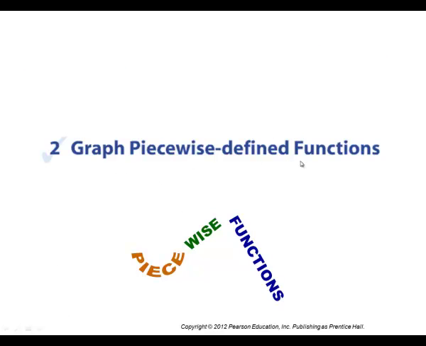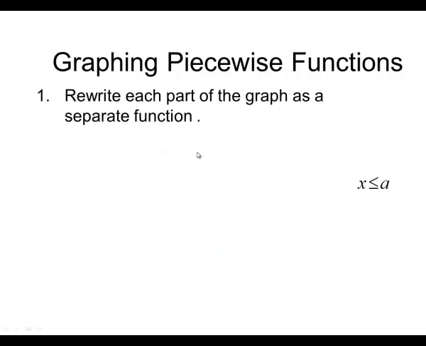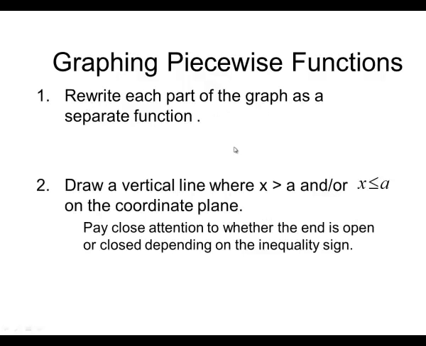Okay, graphing a piecewise defined function. Basically, there are some steps here I wrote down to help you graph a piecewise defined function. First, we want to rewrite each part of the graph as a separate function. And then we want to draw a vertical line on the coordinate plane where your limits or restrictions are, where x is greater than some number, or less than or equal to some number.